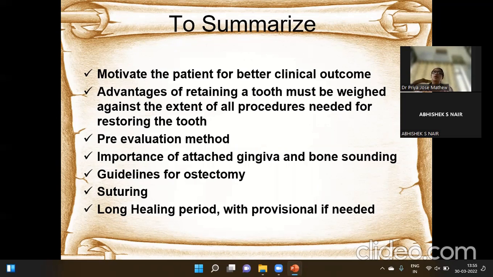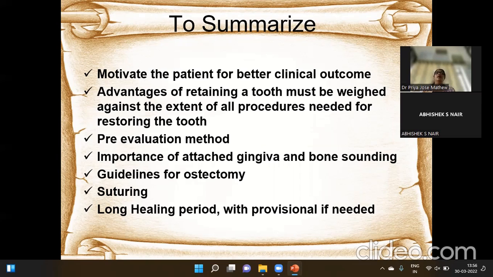We may do a lot of procedures, but just think about whether this tooth is worth it, or whether extraction is the best option, or implant therapy, or whatever options the patients are opting for. We just need to know what is beneficial for the patient. Then we have to do pre-evaluation methods, that is, occlusal clearance and everything we have to determine. Only then can we go for this option.